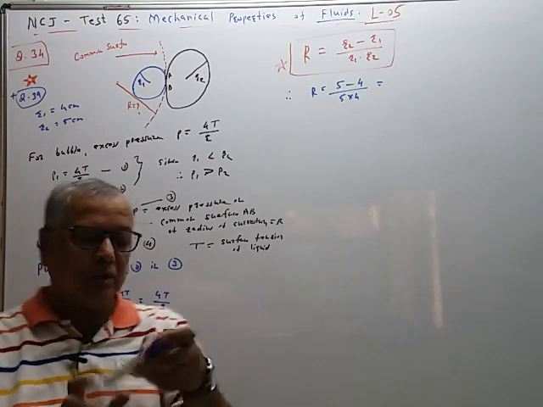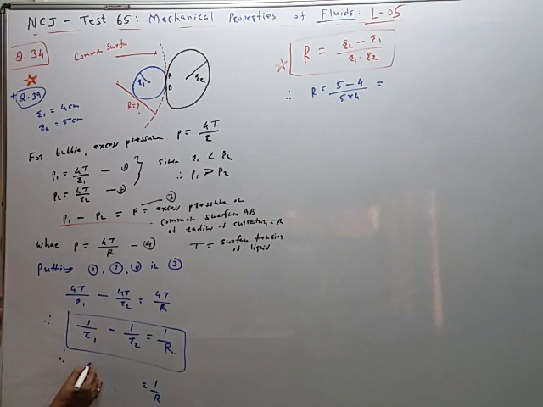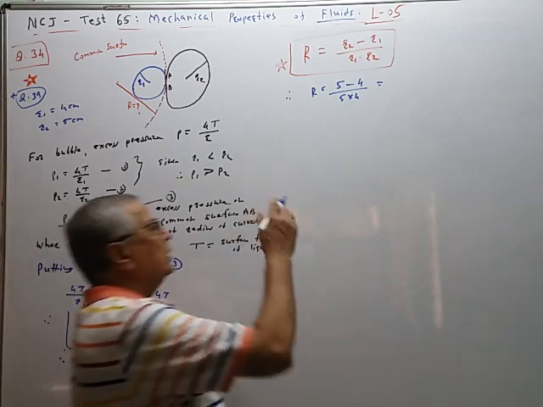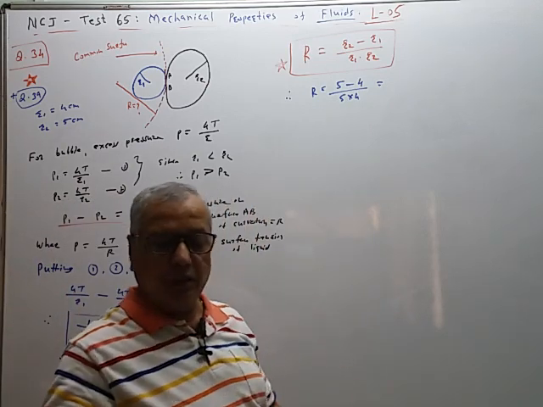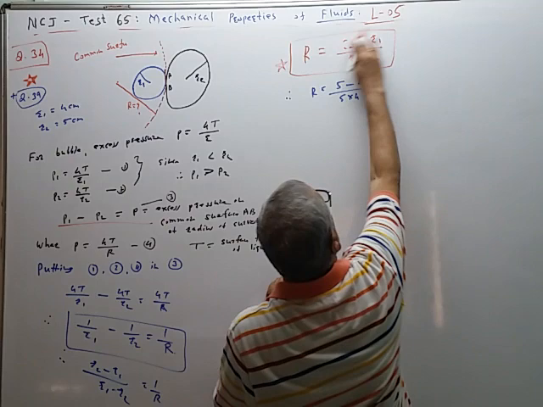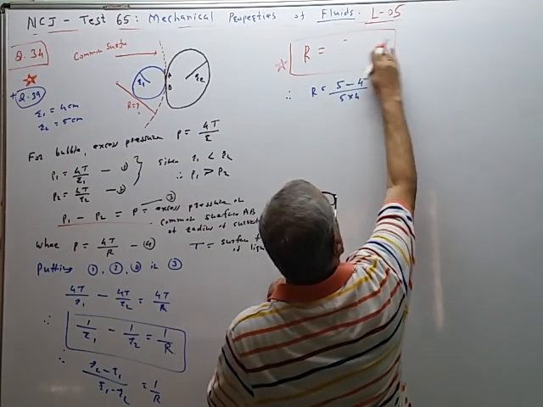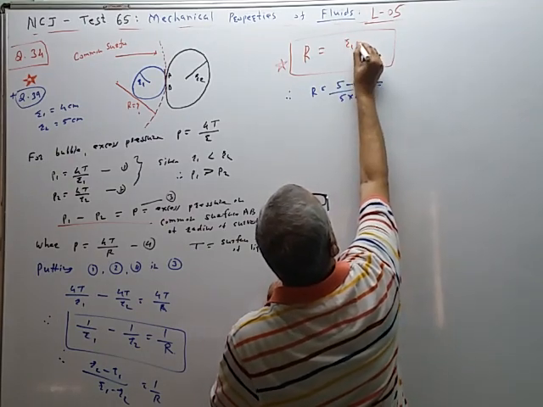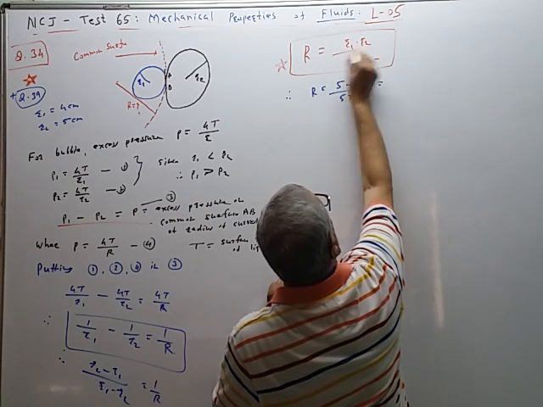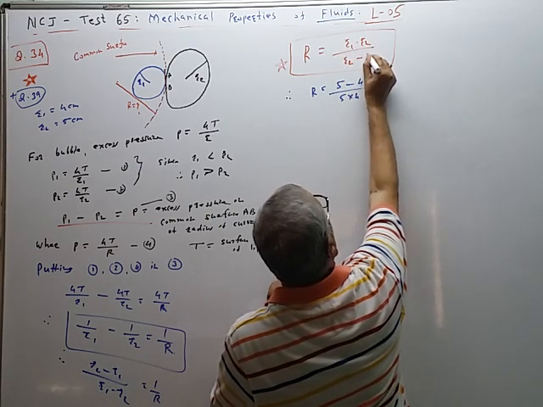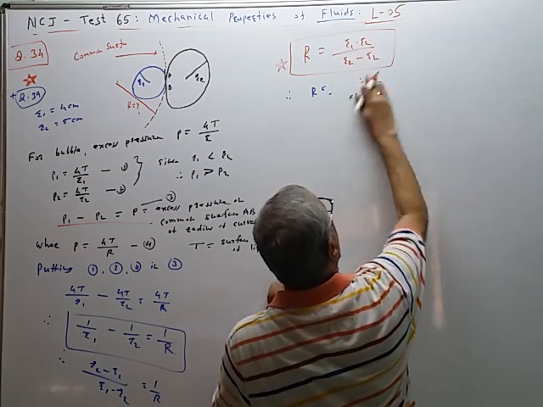Make the correction: capital R is equal to R1 into R2 upon larger radius minus smaller radius.